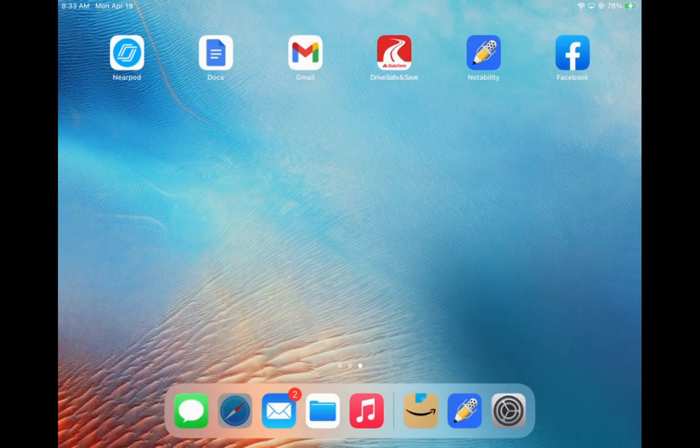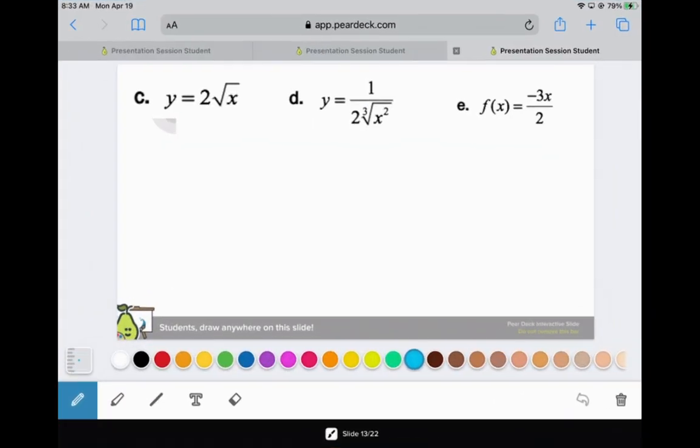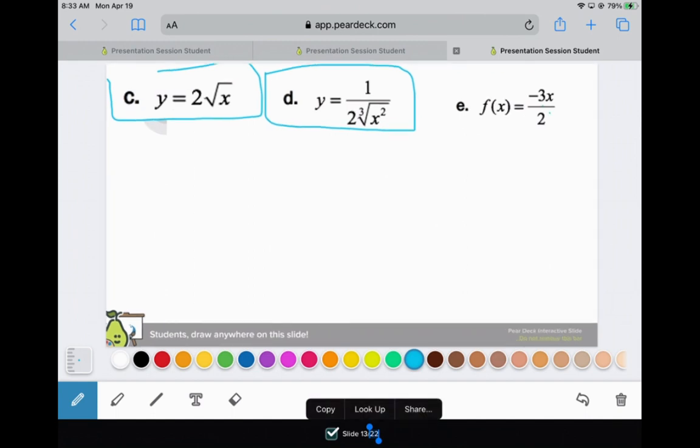All right, so let's look at this example E. We'll come back to C and D next time because that will be a new concept. So over here, f of x is negative 3/2 x, right?